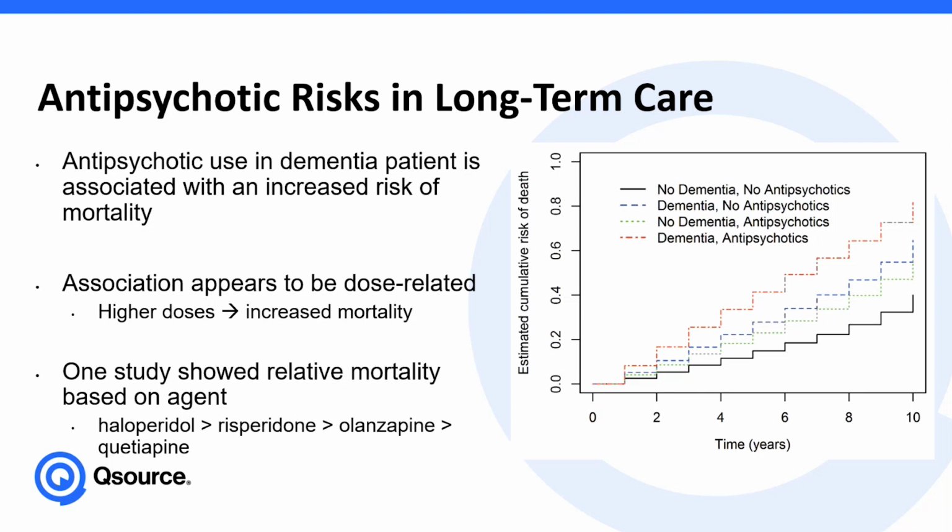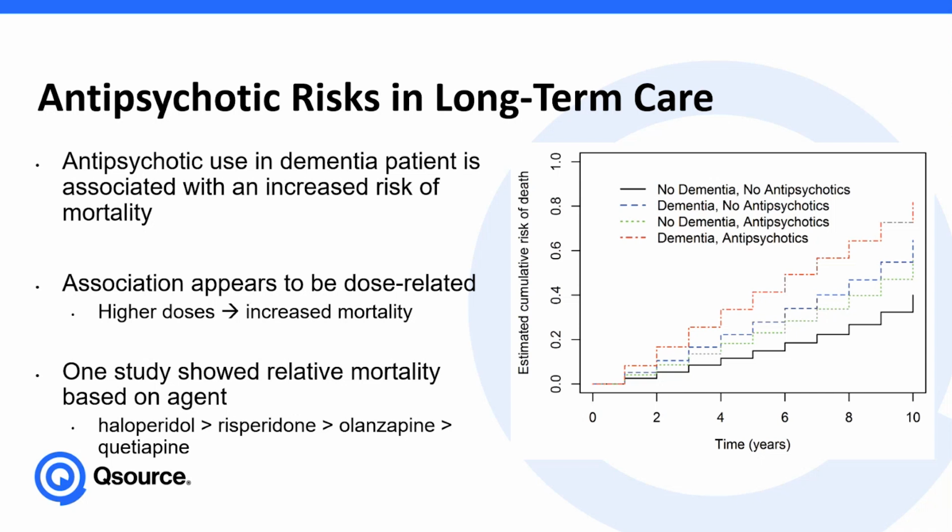The other thing that I think is important, especially in our patient population that tends to have a higher incidence of dementia, is that antipsychotics show an increased risk of mortality in patients that have dementia. And so if the patient has dementia, their risk of mortality is elevated when you put a patient on chronic antipsychotics.